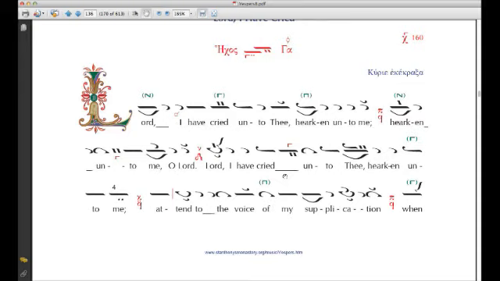Let's do that one more time. So we'll start with the end of the first line. We end on pa. The last two symbols there on hearken. Vi ga vu pa ni.